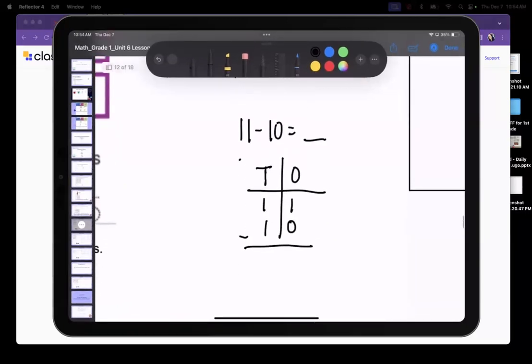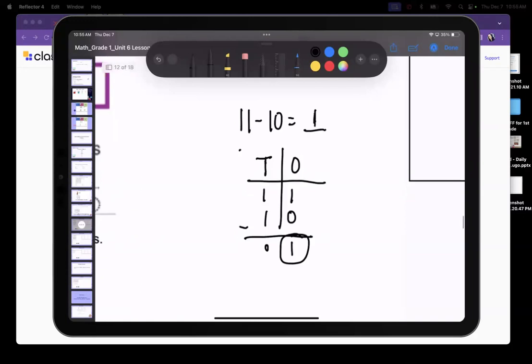In our 1s place, 1 minus 0 is what? 1 minus 0 is 1. Good job. What's 1 minus 1? 1 minus 1 is 0. So our difference is going to be 1. So 11 minus 10 is 1.